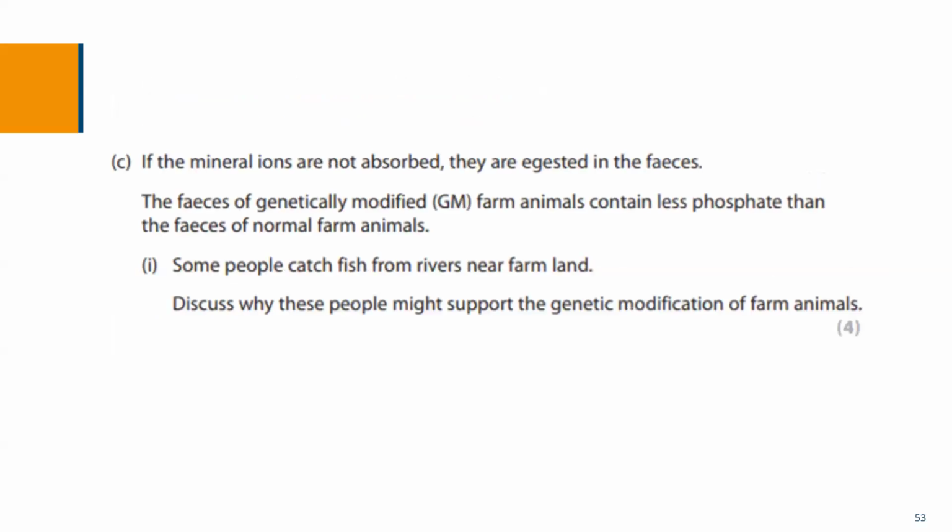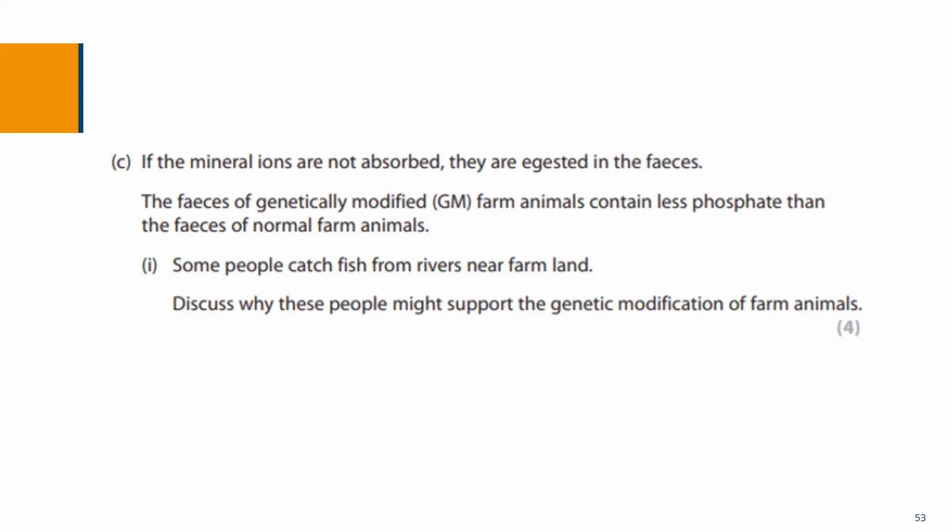And this one, part C, so obviously stuff came before this. If the mineral ions are not absorbed, they are egested in the feces. The feces of genetically modified farm animals contains less phosphorus than the feces of normal farm animals. Some people catch fish from rivers near the land. So quite a lot of context there. Discuss, as a command word, why these people might support genetic modification.